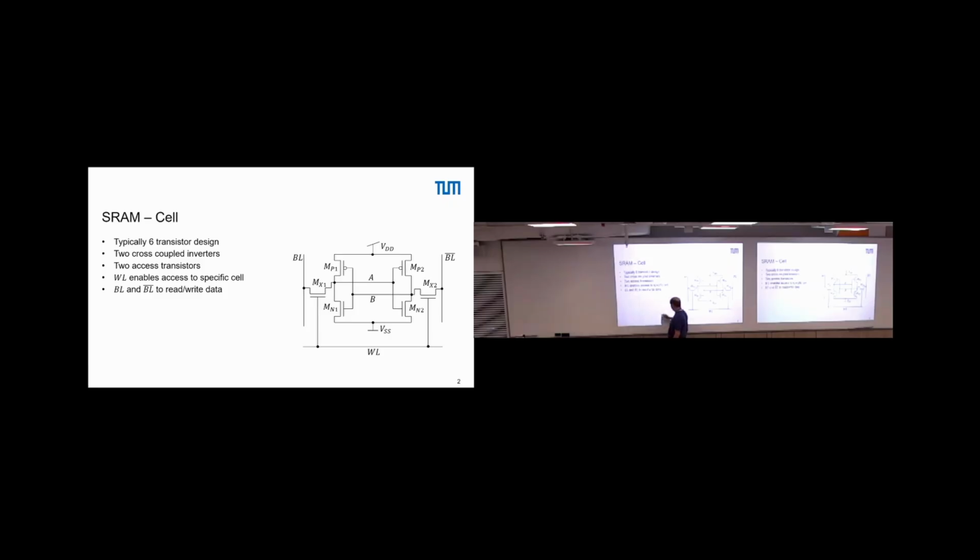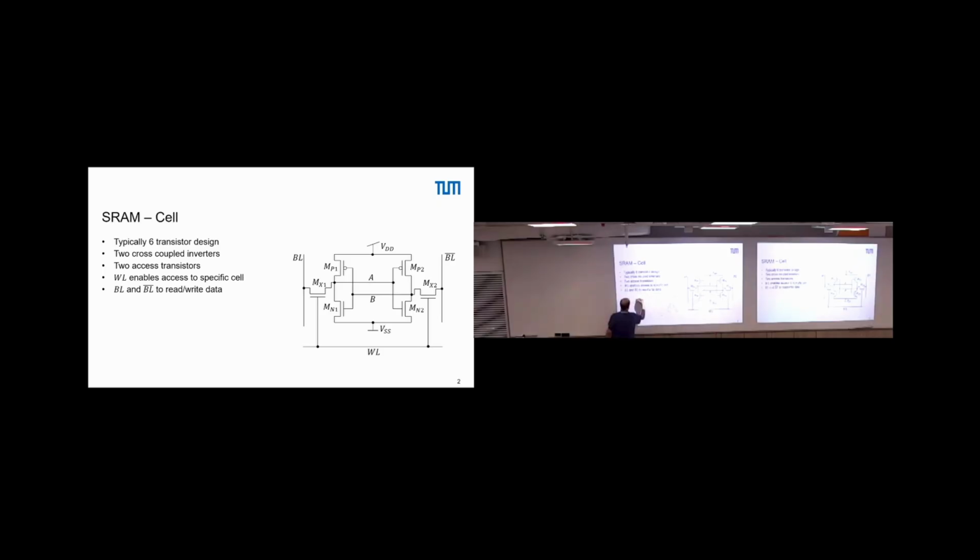We have here the input voltage, the inverter structure built in CMOS technology like this. So here at the input, we have V in, and here we have V out, which I immediately call VB.